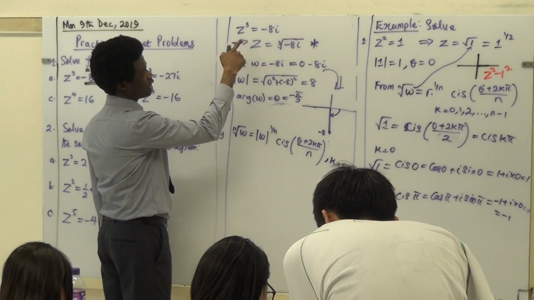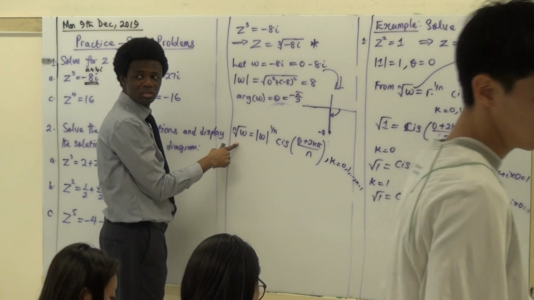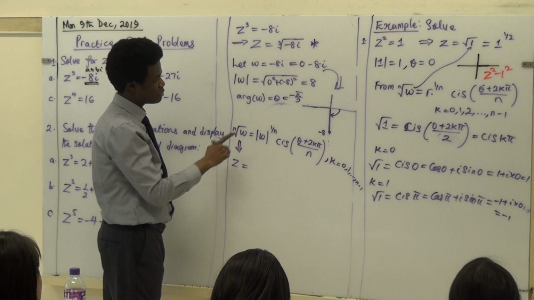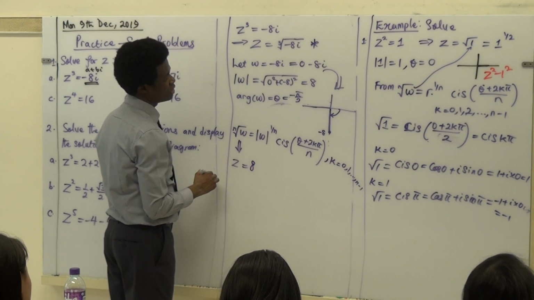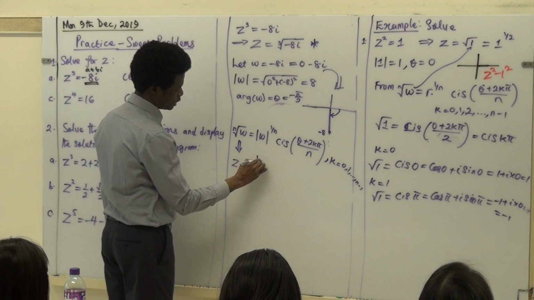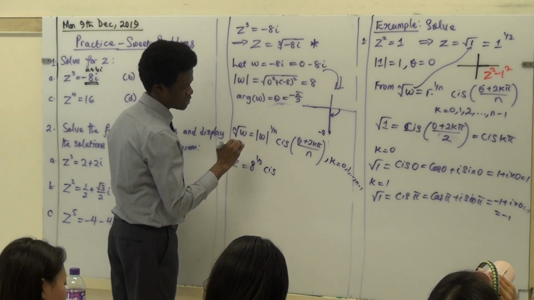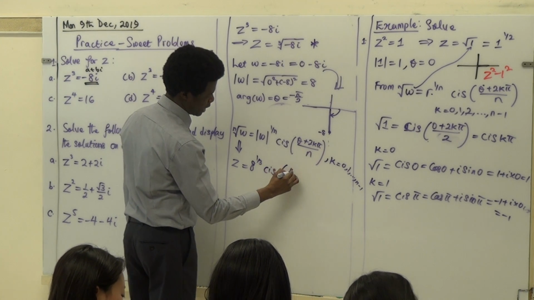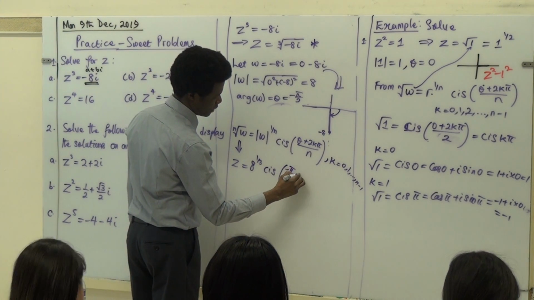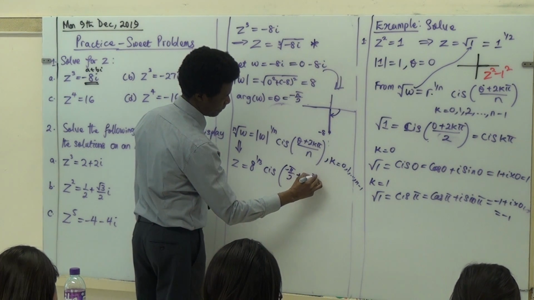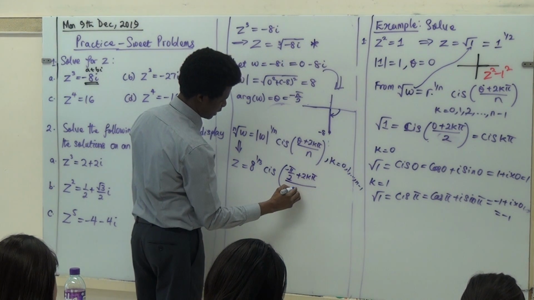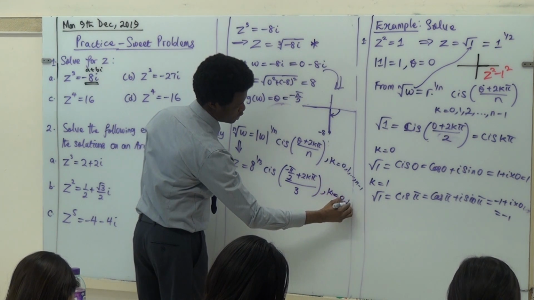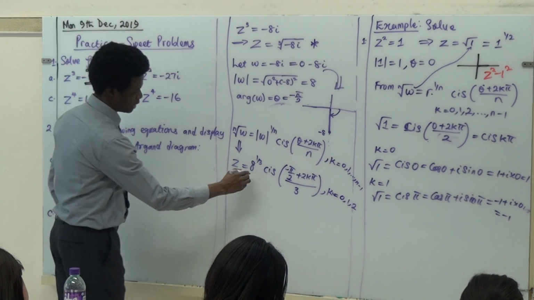So in this case, your z is this one. The absolute value of W is 8, 1 over n is 1/3, cis of theta, which is negative pi over 2, plus 2k pi, everything divided by 3. So k is from 0 to 2.